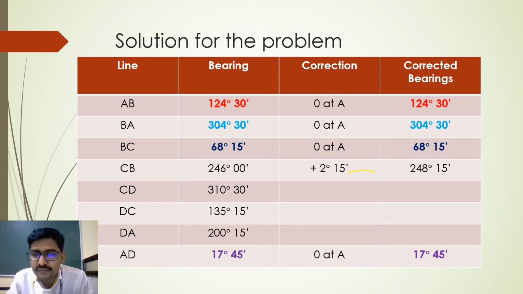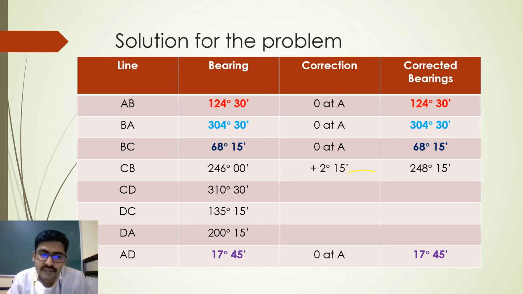There is one more bearing which is observed from station C, which is the fore bearing of CD. In the next row, fore bearing of CD is measured from station C. It is given as 310 degree 30 minutes. The observed bearing is 310 degree 30 minutes.